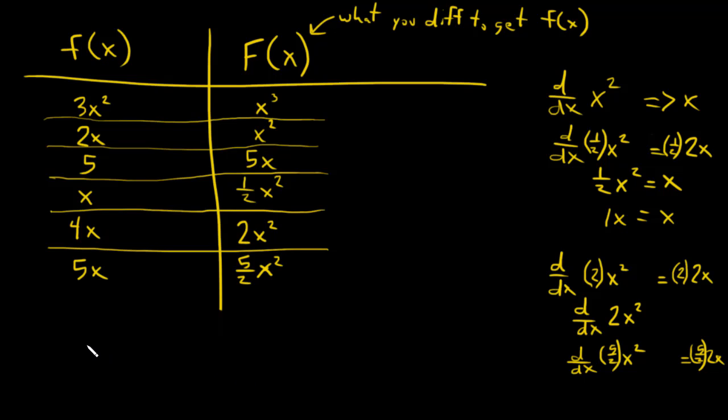So the derivative of x to the n, you remember, that's equal to n times x to the n minus 1. So the first step was I multiplied by n, then I subtracted from the exponent.